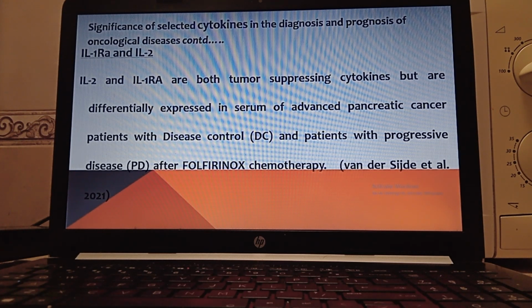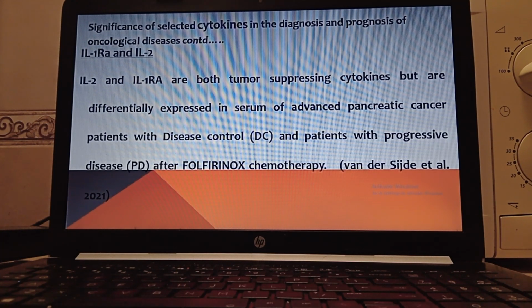For interleukin 1 receptor antagonist, at the end of the chemotherapy, the detection rate was higher in the disease control group than the progressive disease group. So you can see there was an interchange of the two. For this reason, they concluded that the two interleukins or cytokines are differentially expressed in the serum of patients with the disease mentioned, the tumor mentioned.